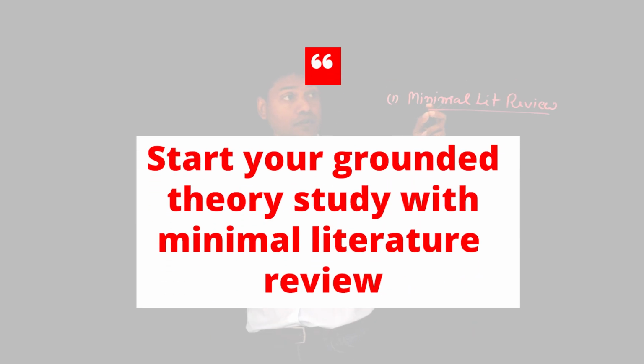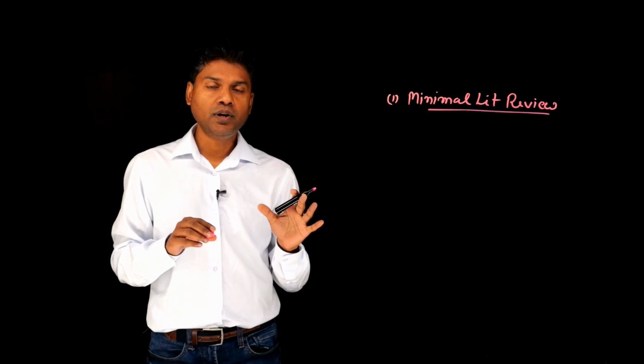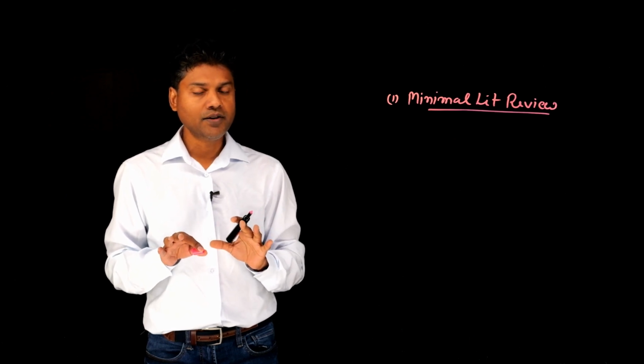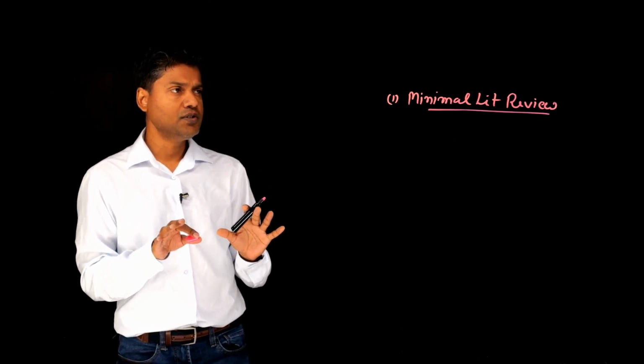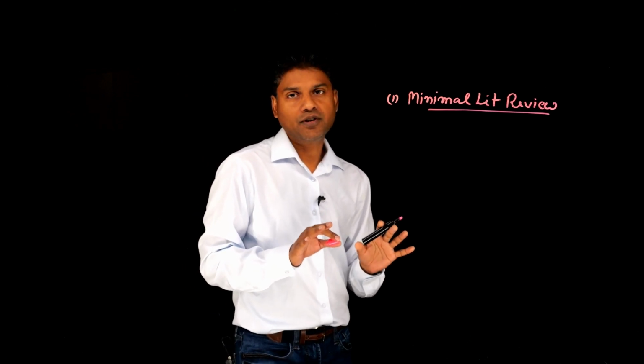Unlike quantitative research, where we are engaged in comprehensive literature review, as a grounded theorist, I would say, we do a minimal literature review. Minimal literature review refers to a process where you don't go deeper into the literature, but you just do a preliminary level of literature review.